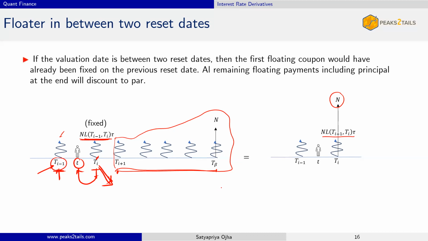It's just too simple. I had the formula here. I don't know, maybe I didn't say. Value is N plus N L(Ti minus 1, Ti) tau, discounted by the discounting factor applicable between these two periods. So, we can do simple or compound, whatever rate you have available.